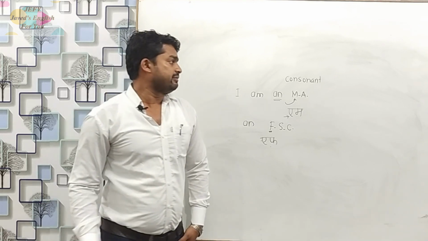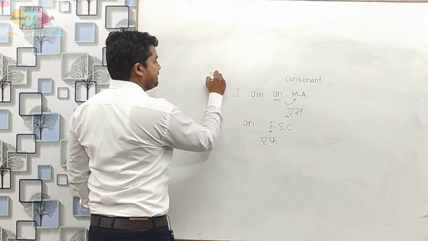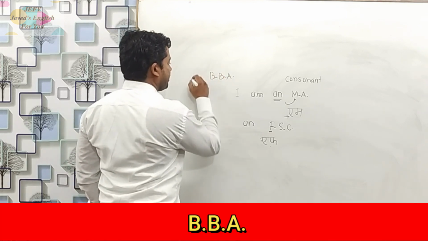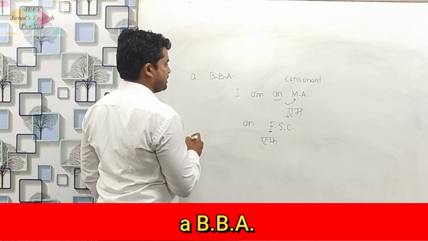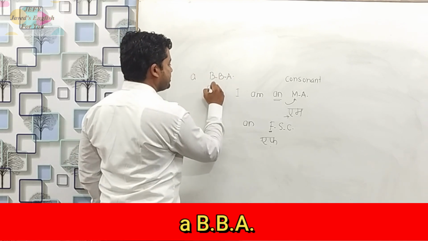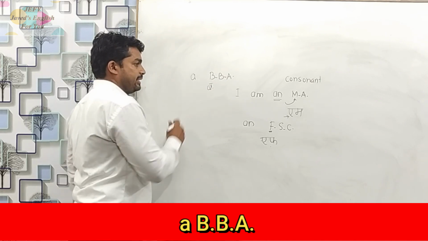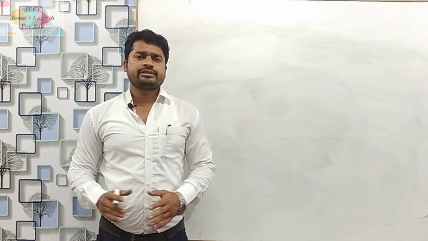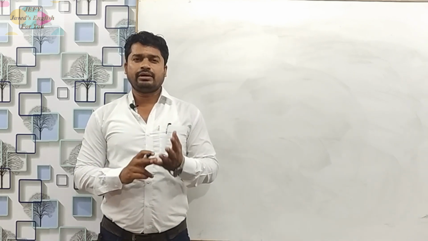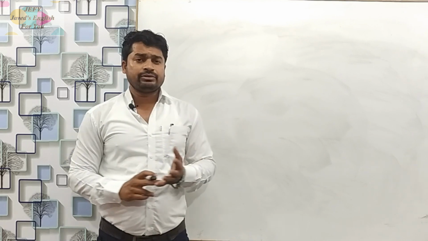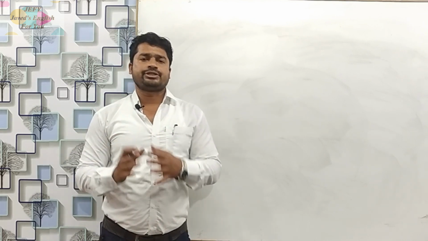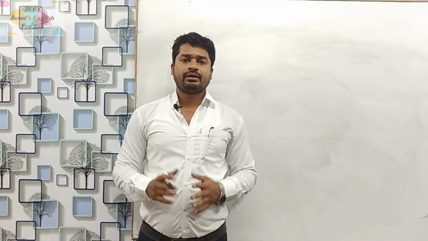But if someone is doing say BBA, we have to say a BBA student because the sound is B here. So guys, what have we seen? We have seen that indefinite articles a, an can be used depending on the pronunciation, depending on the sound.